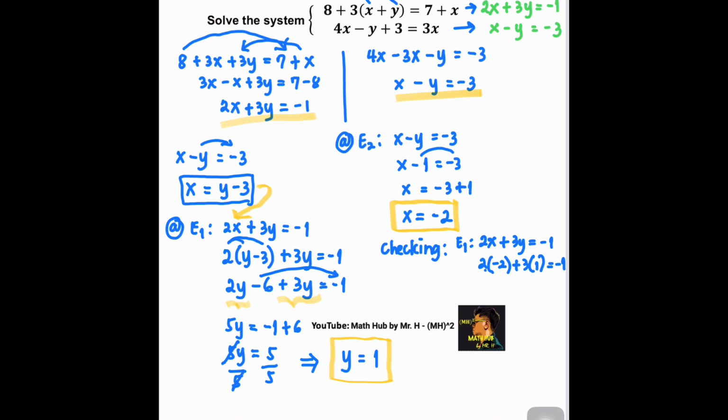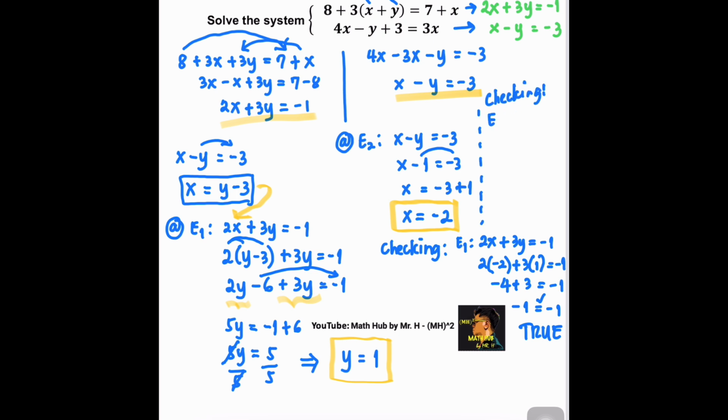So we simplify. 2 times -2 is -4. So plus 3 times 1 is 3 equals -1. -4 plus 3 is -1 equals -1. So it's true. True for the first equation.